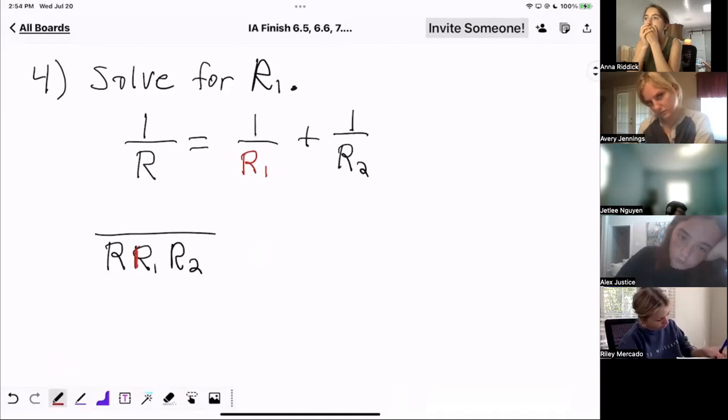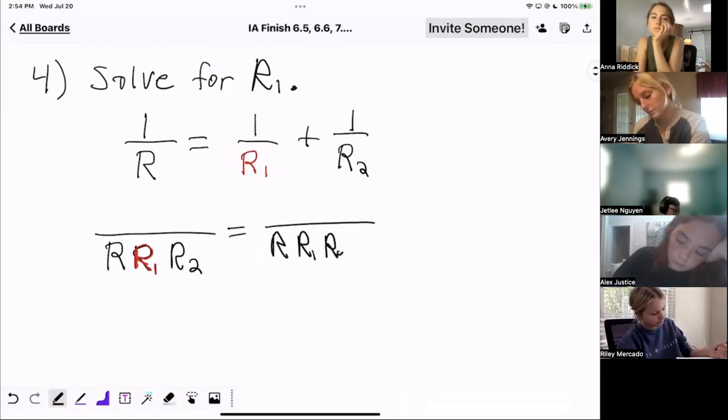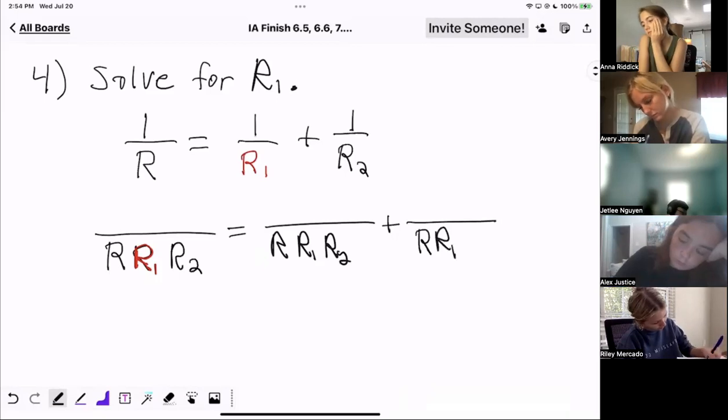I'm just going to write on top of it. All of them, just like we did before, we're going to put equals. We're going to do it for each of them. R sub 1, r sub 2, plus r sub 1, r sub 2. I'm going to go back and make these red. R sub 1, r sub 1.